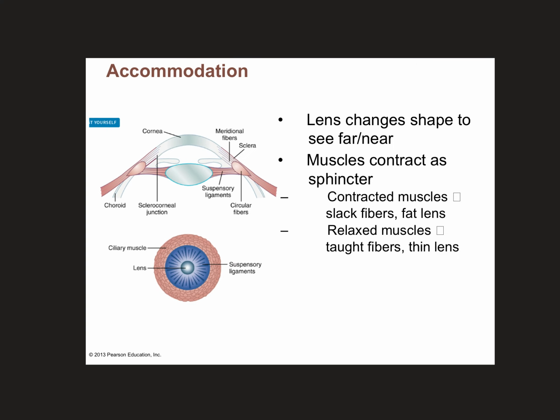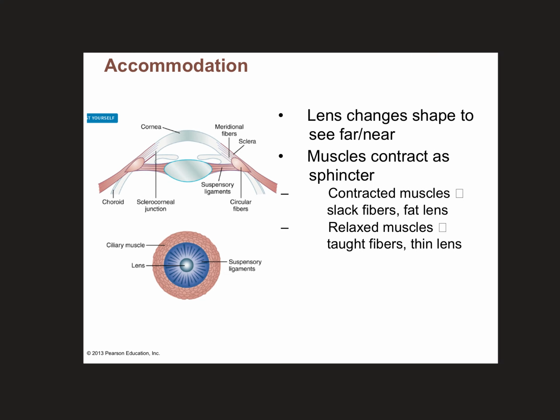We call that ability of the eyes to respond to close or far away vision accommodation. So accommodation refers to the ability of these ciliary muscles to contract in a circular way, and when they contract, loosen up on these ligaments and make this lens nice and fat.